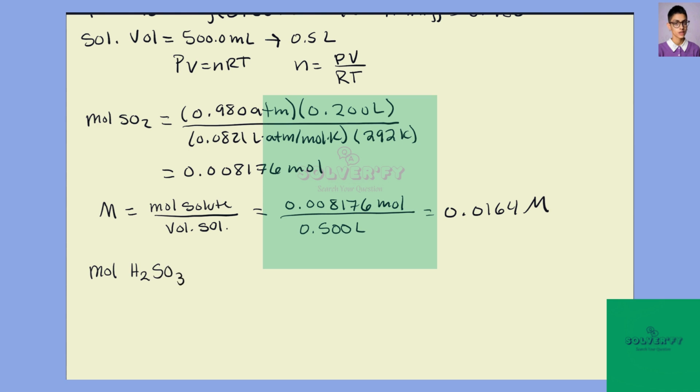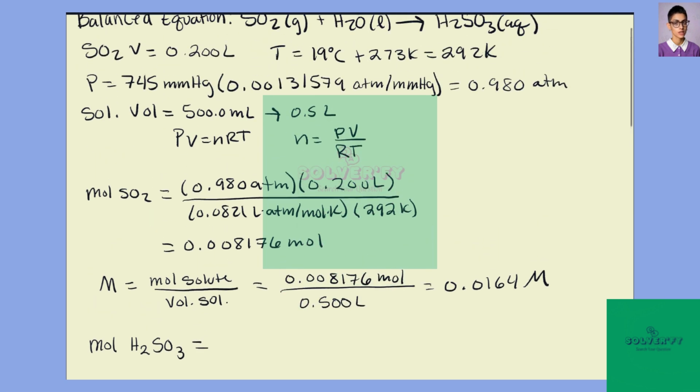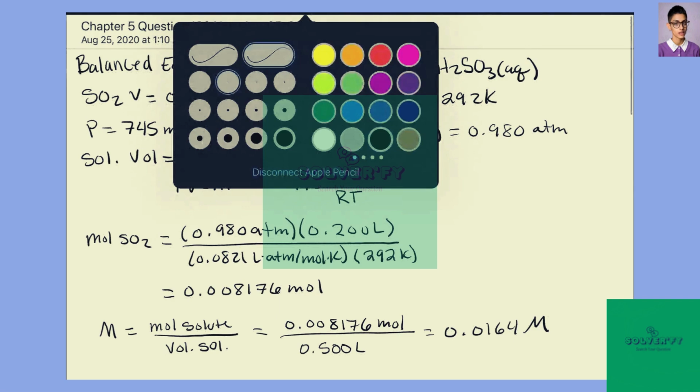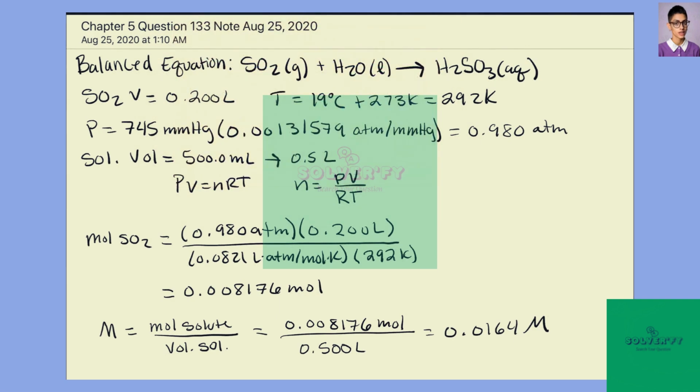Alright, so now let's find our moles of H2SO3, or our sulfurous acid. So we know that if we come up here to our molar ratio, there is 1 mole of our acid to 1 mole of our sulfur dioxide.